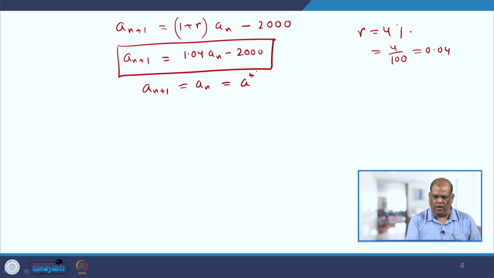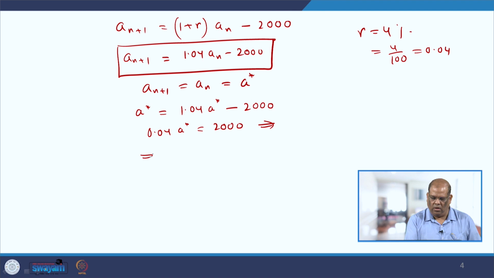You substitute it here. So, you get a star is equal to 1.04 a star minus 2,000. So, 0.04 A star equals 2000, and this gives you A star equal to 2000 divided by 0.04, which is 50,000.